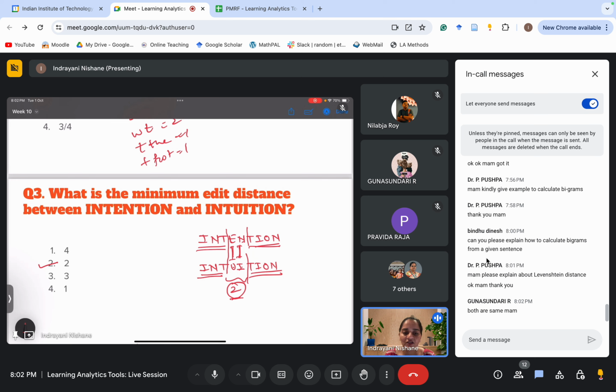So the distance between words, how we are calculating is, we are calculating how many alphabets need to be changed, how many alphabets need to be replaced, and so on. Any more doubts? So Levenshtein is edit distance.